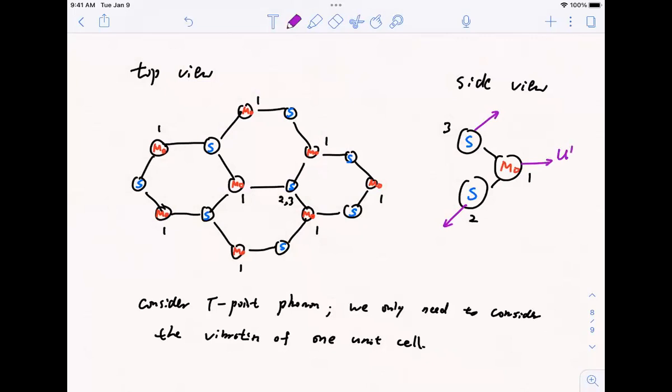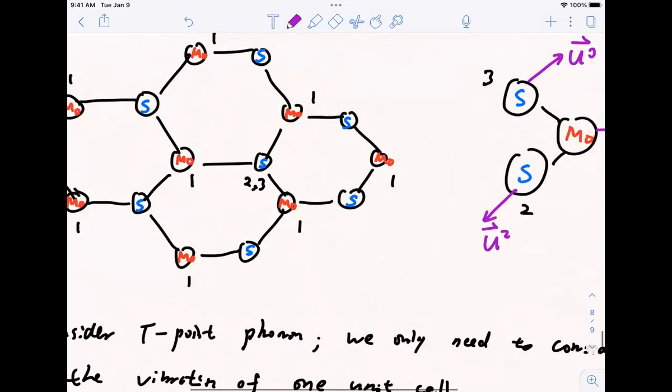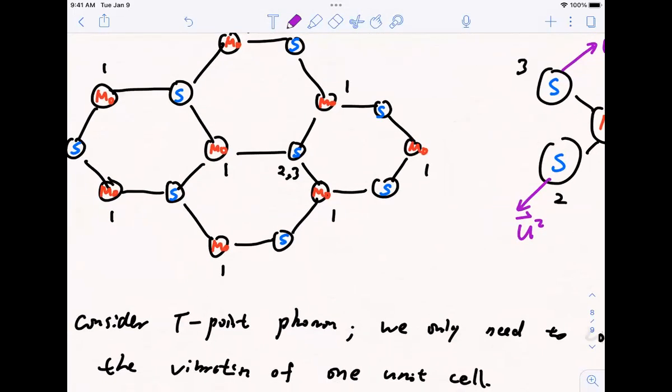Now we're going to also consider each of them. You have U1 and U2 and U3. Is that okay? So you just take this unit cell. You have different ways to view the unit cell. You can view the unit cell in this way, but that might be difficult for you to view the symmetry.